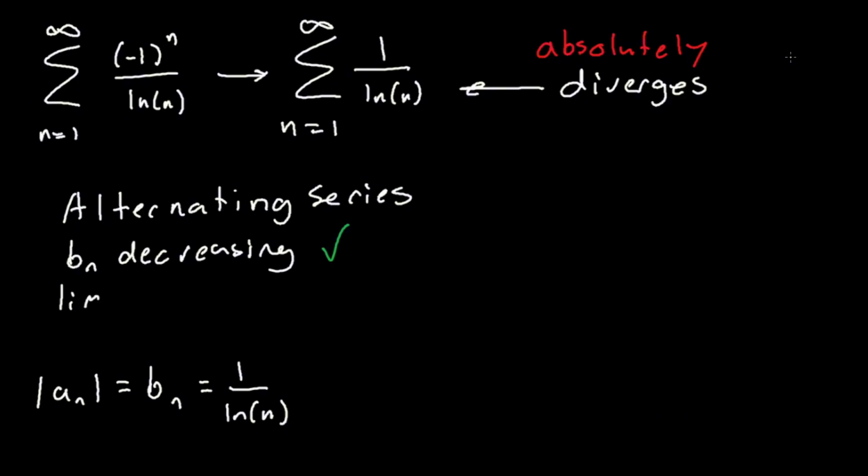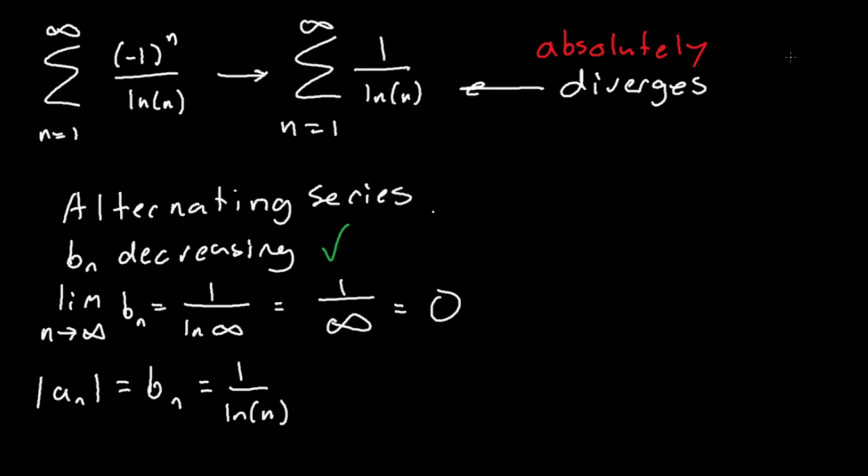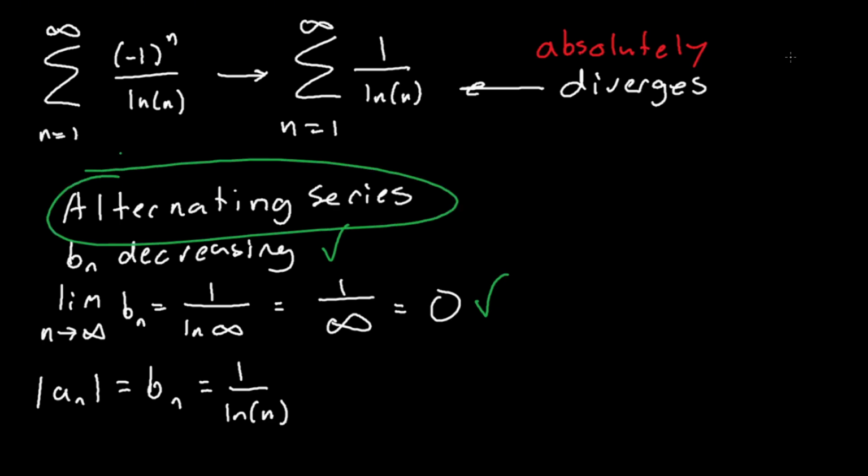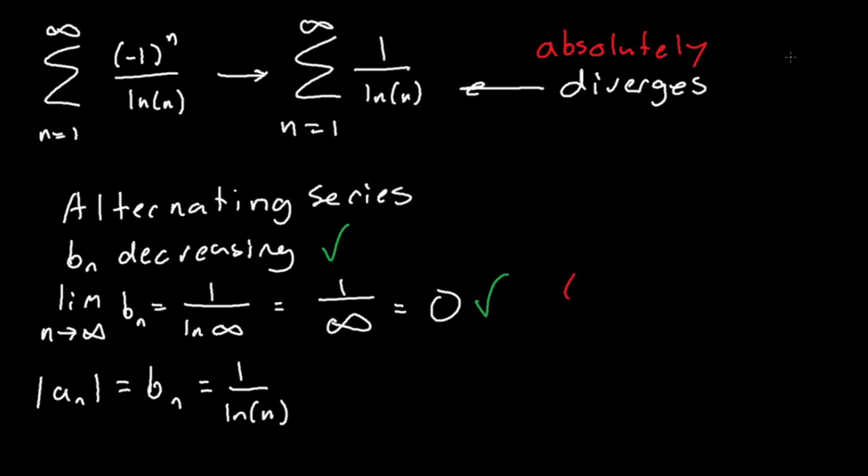All right, now we just need to take the plain old limit as n approaches infinity of b_n. Well, as n approaches infinity, we get 1 over the natural logarithm of infinity, which is simply 1 over infinity, which is just equal to 0. So this meets the condition of convergence for the alternating series test. Converges.